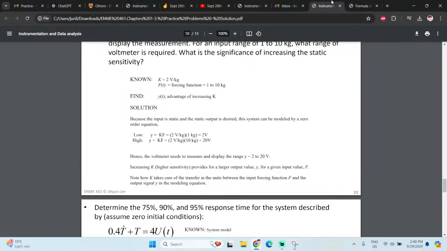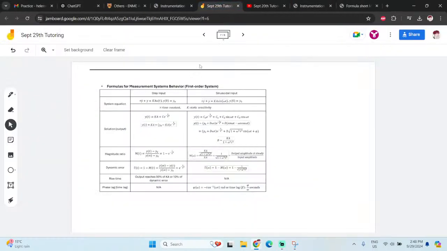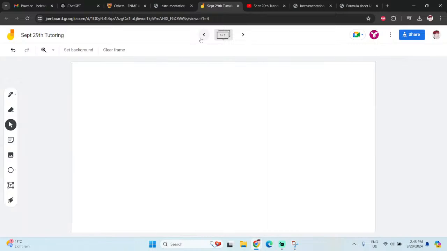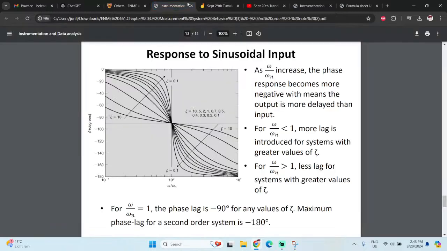For this question, it asked for time, formula sheet.